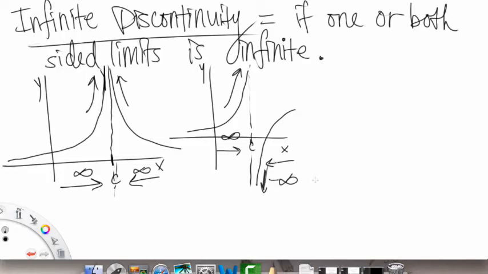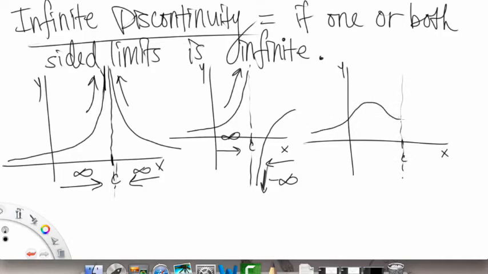Lastly, I want to introduce this case where at C, one of the one-sided limits might be a finite value. Here's our C, and what if we have something like that? It actually exists there, but one of the sides is still infinite. From the left side, the left-sided limit exists, and it is a non-infinite, definite point.